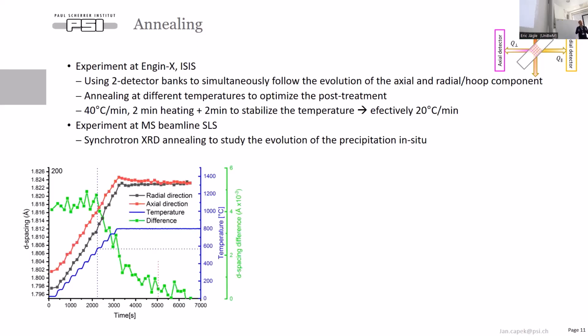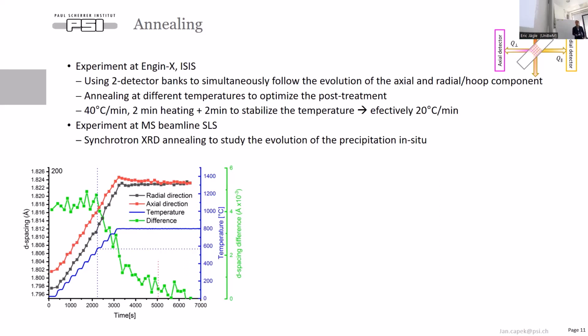You just follow the evolution of the d-spacing. You can see from the beginning the increase, that's just the thermal expansion. And if you plot just the difference between the axial and the radial bank, you see that at the beginning this is constant, and the moment you get above 500 degrees, you see that this difference is starting to decrease.